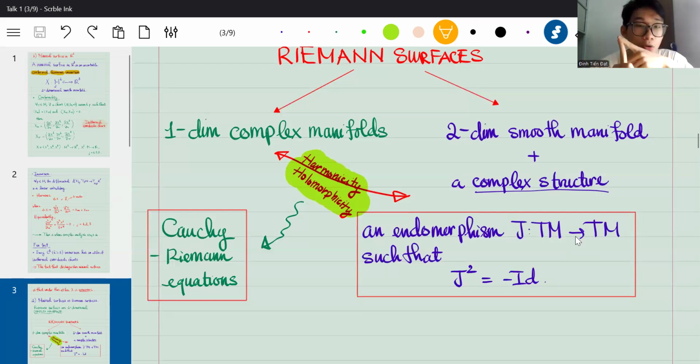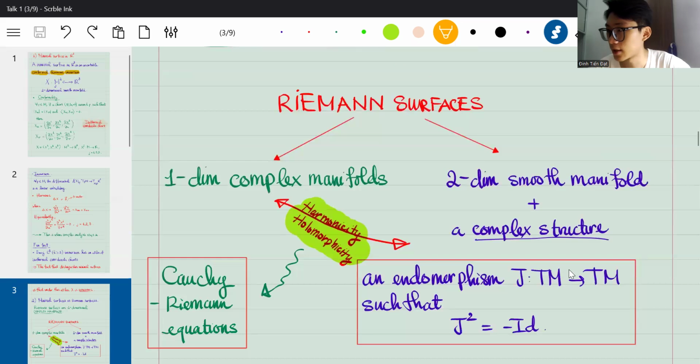That is Hausdorff, second countable, and locally homeomorphic to an open set in the complex plane. And we also require the two charts to be holomorphically compatible. Okay, so we can do the analysis. So that's the first way.